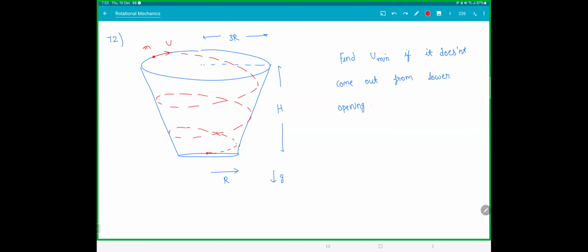Now you need to ask yourself, why is this happening? Meaning, who is making it go up again? Our lower radius is R and upper radius is 3R. Think, it's a good one. I'll give you 2 minutes.